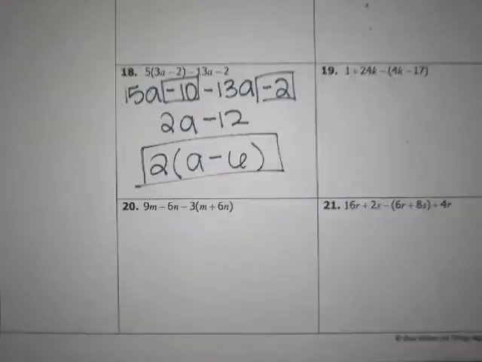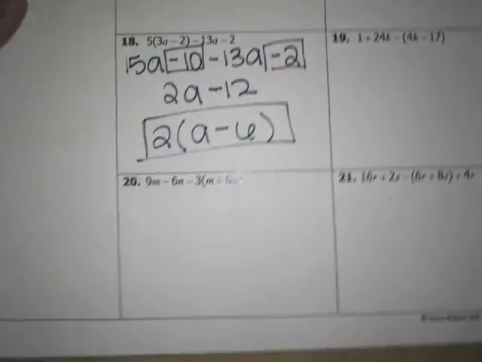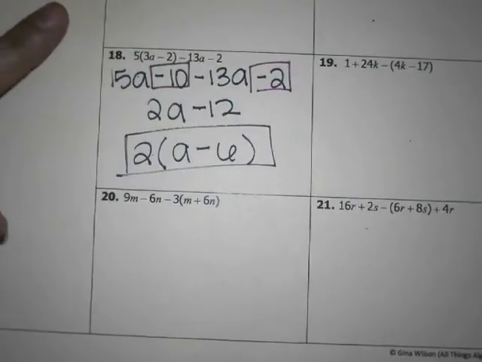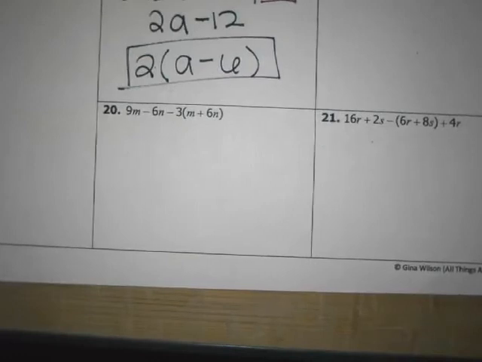Okay, let's do one more question together. Number 20. What's my first step, everyone? Distribute. Number 1, tell me what you get when you distribute. 9m minus 6n minus 3m minus 18n.